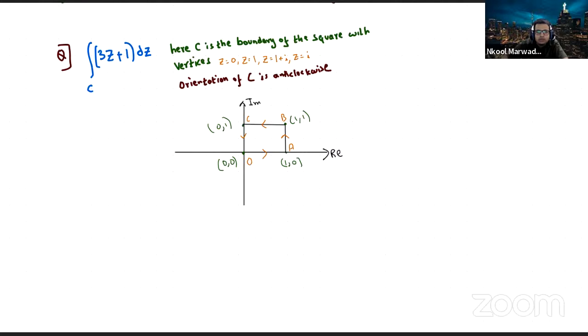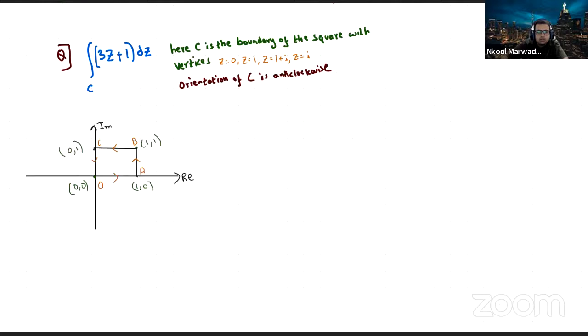Let me shift it so that we can do it properly here. This is what we have to find in the question: the integral over C of 3z plus 1 dz.